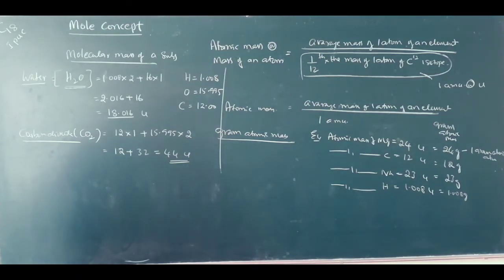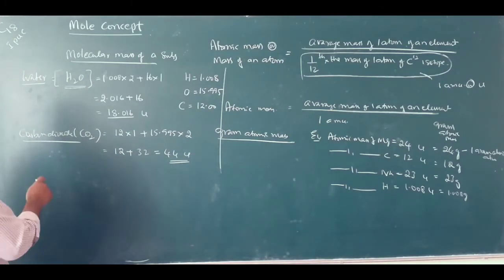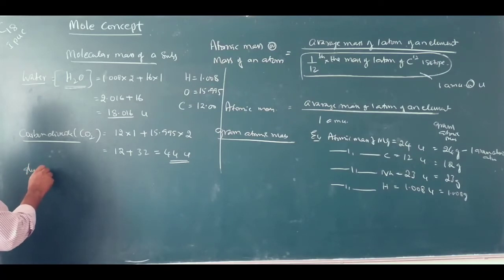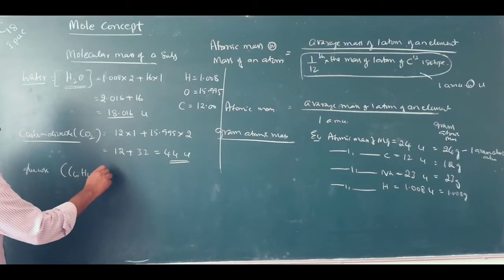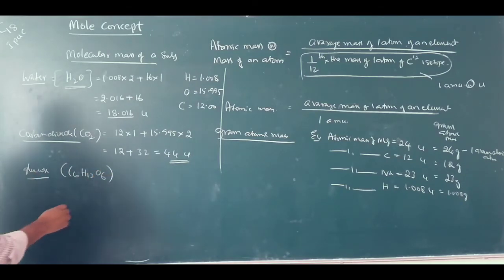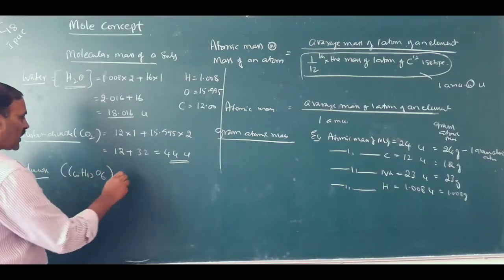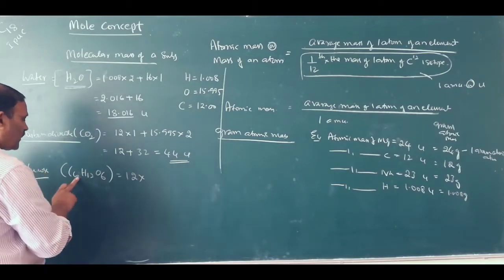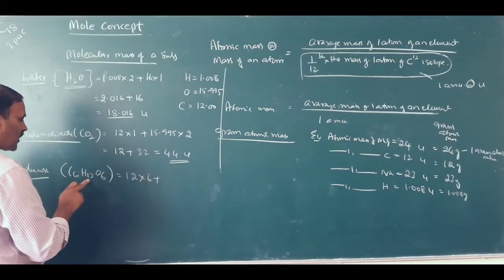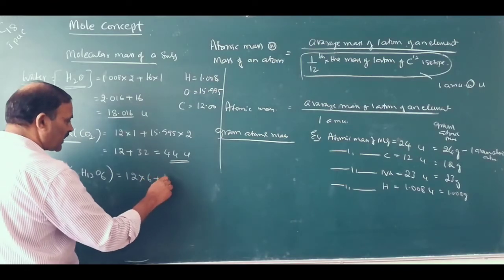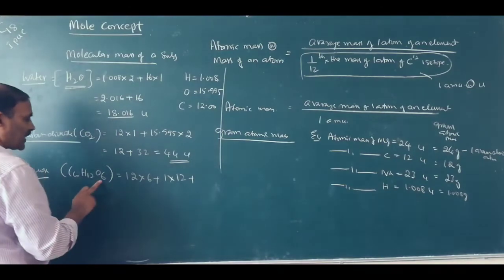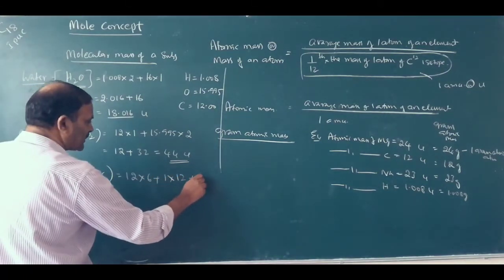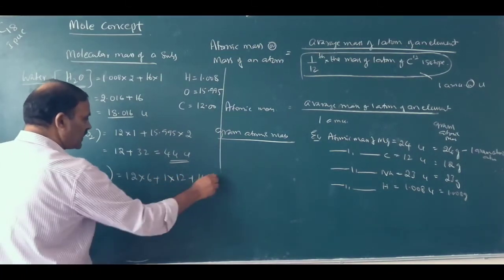So like that we can determine the molecular mass of other compounds. For example, glucose. What is its molecular formula? C6H12O6. Atomic mass of carbon is 12 into number of carbon atoms 6, plus atomic mass of hydrogen 1 into number of hydrogen atoms 12, plus atomic mass of oxygen 16 into 6.